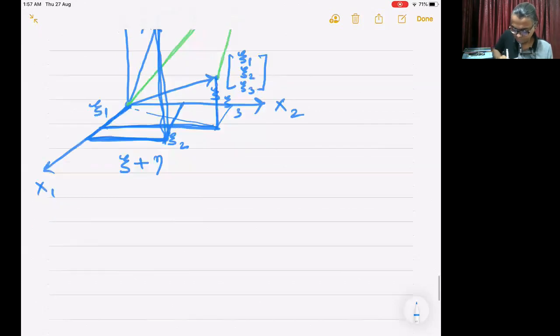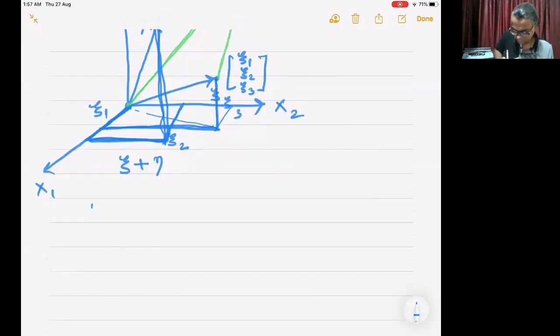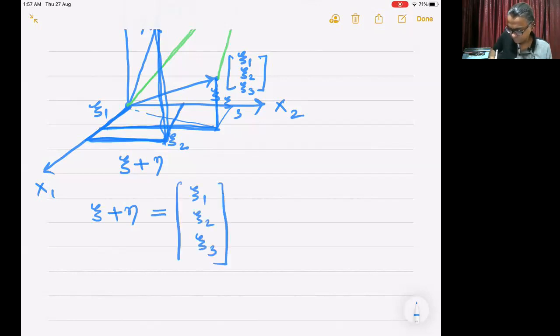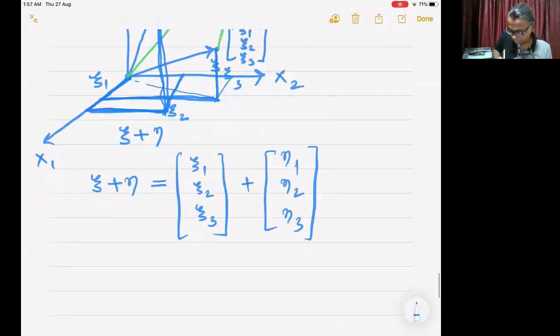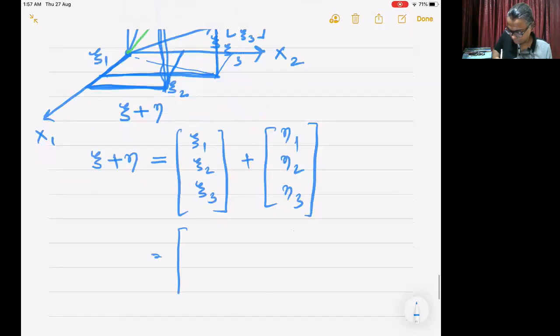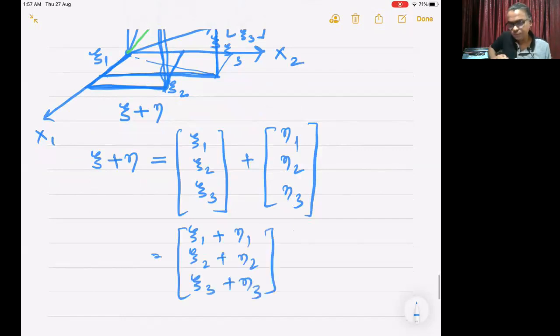We know from our experience that the vector xi plus eta is given by xi1 plus eta1, xi2 plus eta2, and xi3 plus eta3, component-wise addition.